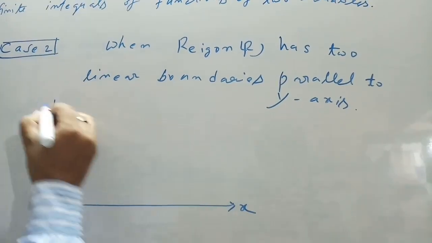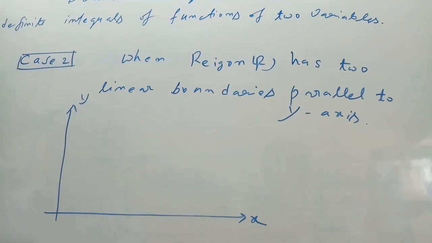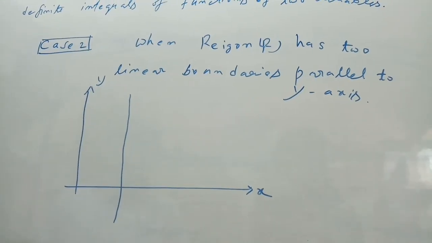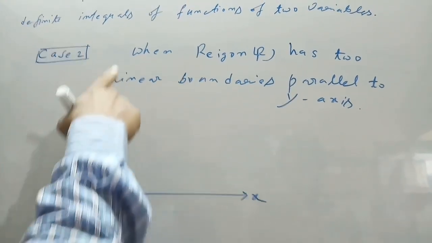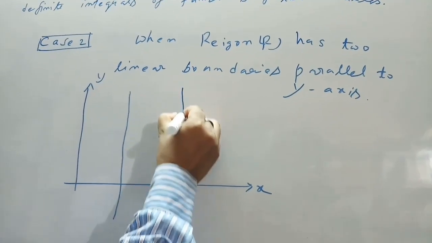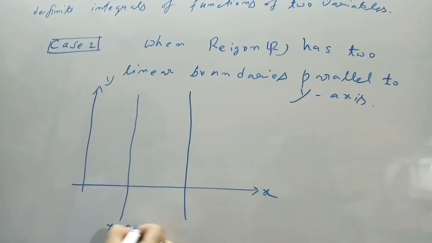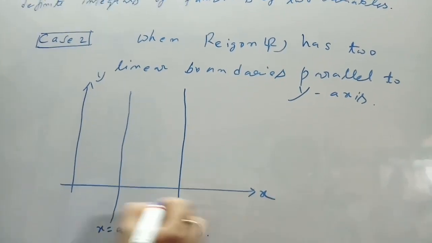This is your x-axis and this is your y-axis. These two lines are parallel to the y-axis: x equal to a and x equal to b.